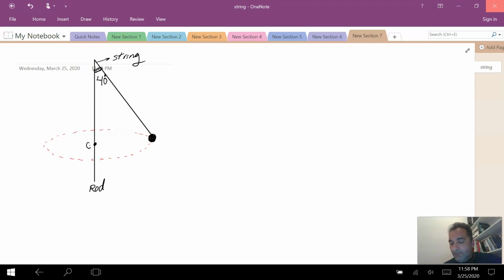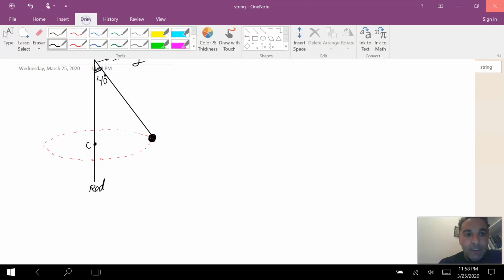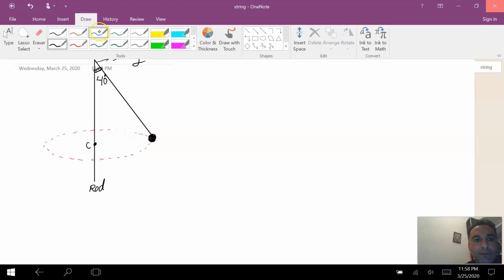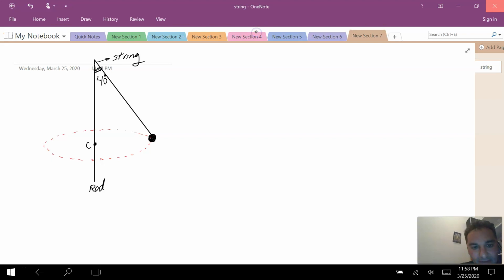Very quickly, we have to verify RTZ. What is R? R is toward the center.